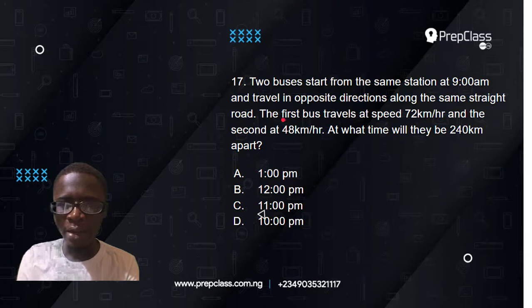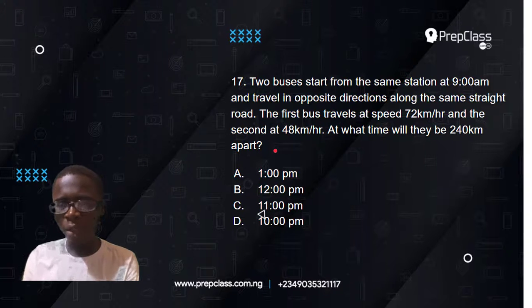The question says the first bus travels at a speed of 72 km per hour and the second at 48 km per hour. Now the question is, at what time will they be 240 kilometers apart?